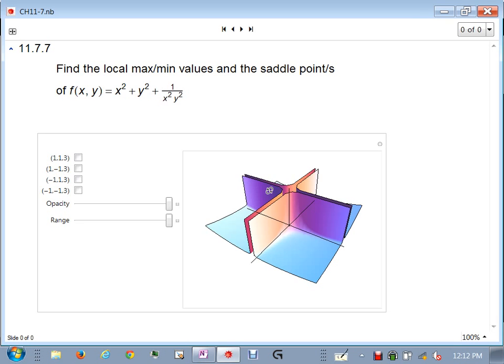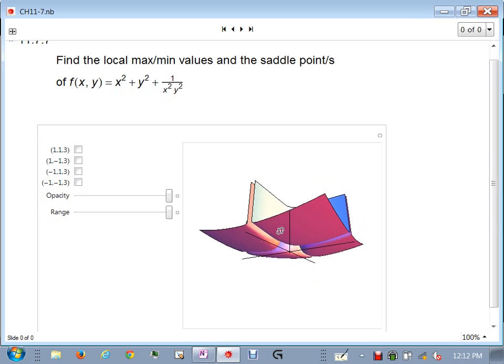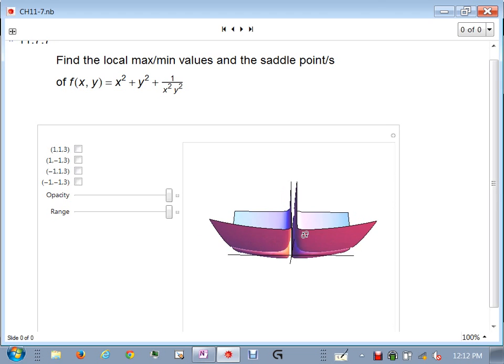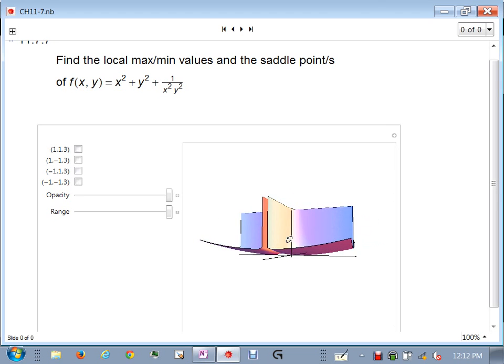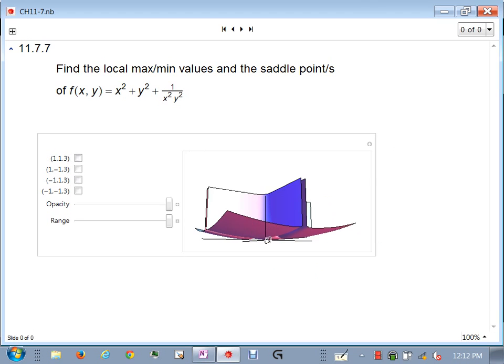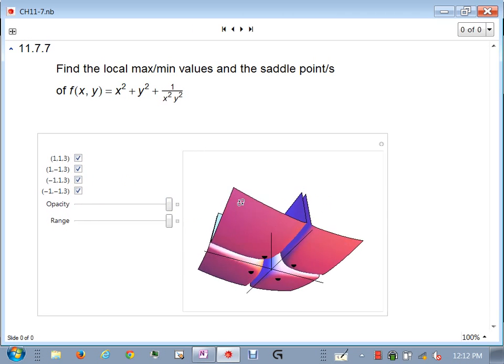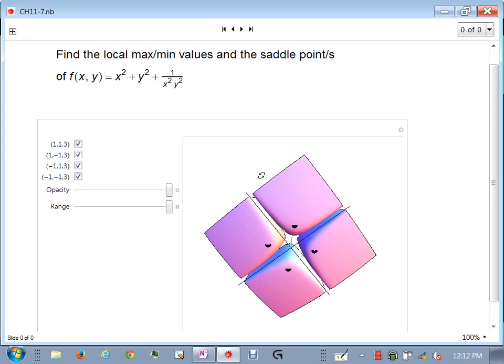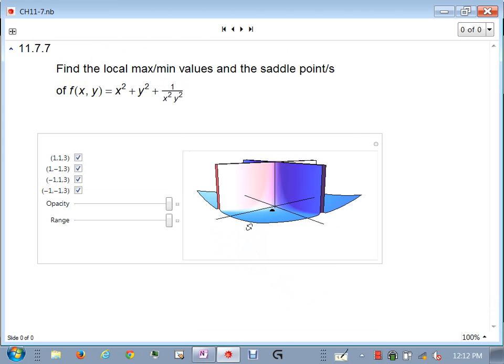But you can kind of see maybe when I look at it from the bottom, it looks like we've got some local minimums down there, right? Down in there. Hard to see. There they are, though. There's 4 of them. Where are they? What are they?